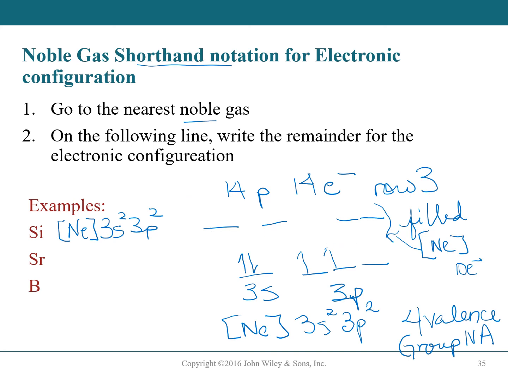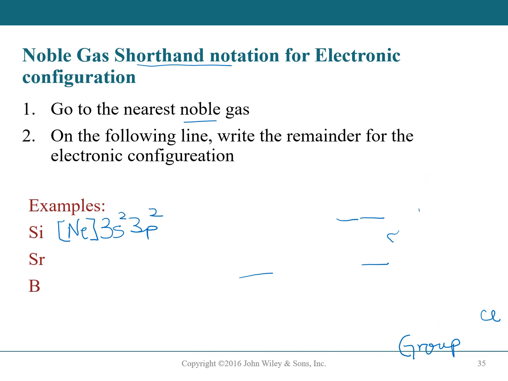So strontium. I'll use a different color. For strontium, strontium is in row 5, and it has 38 protons.